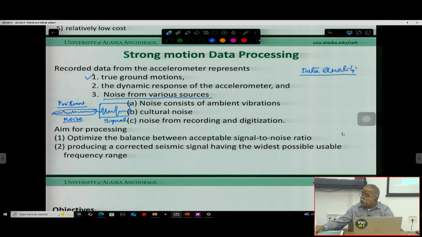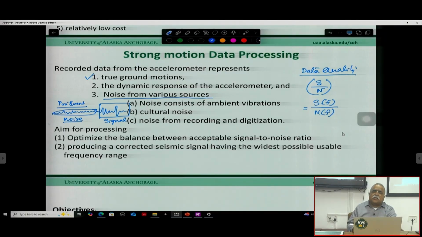We take the Fourier spectrum of the signal part and the Fourier spectrum of the noise part, and calculate the signal to noise spectral ratio to see how big the noise level is with respect to the signal level or amplitude level, and then we can find out whether that data is good quality or bad quality.